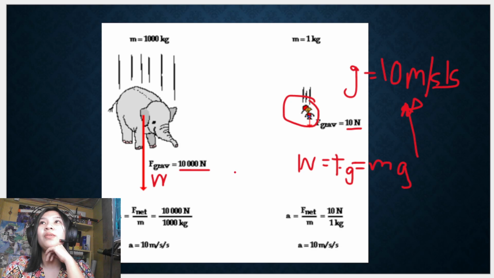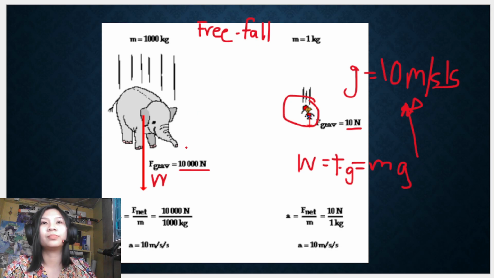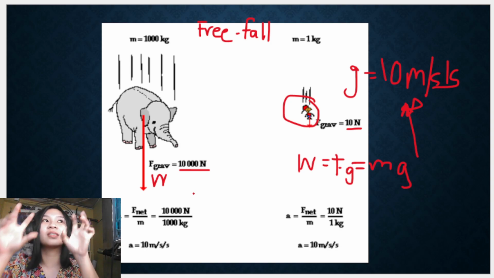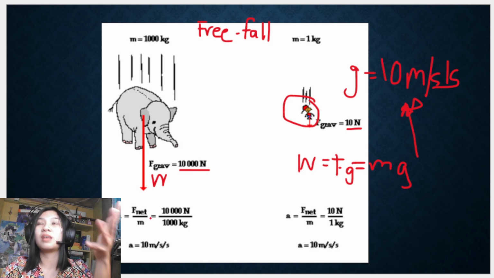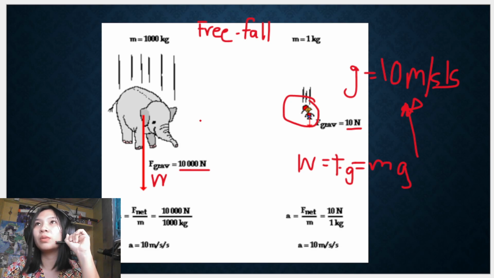Now, remember that this is in free fall. It means they are only influenced by gravity itself. So to find both of their accelerations, we can use the second law. Remember, F net is equal to mass times acceleration.